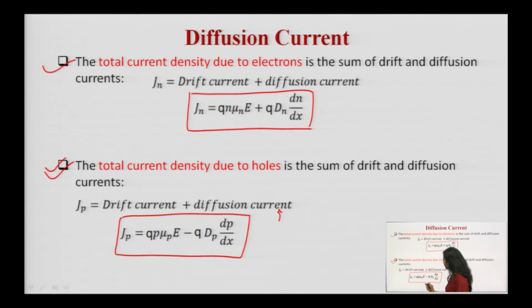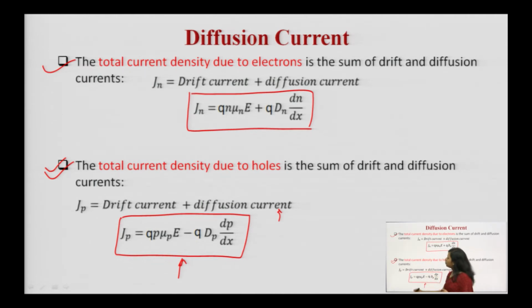You can see over here there is a minus sign. Why? Because for the diffusion current we have Q, the charge on the hole, into the diffusion coefficient Dp, into the concentration gradient, and since there is a decrease in the concentration gradient, that includes a minus sign. So, that is why the sign is negative.